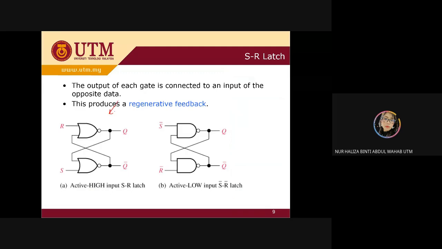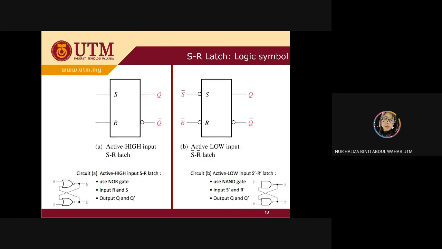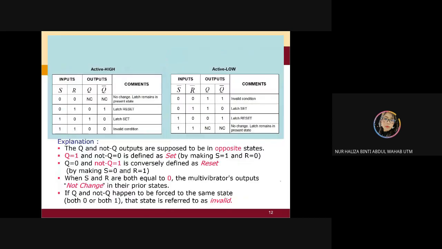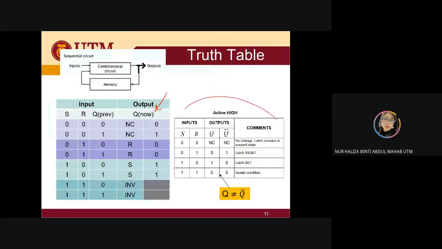And in terms of the combinational circuit, I ask you to look into it, you can try to play around with the input value and the previous Q output to generate the next Q. Yesterday I also already derived it, that's why I can come out with this active high table.